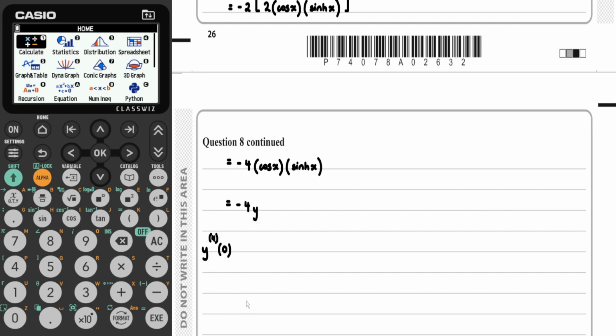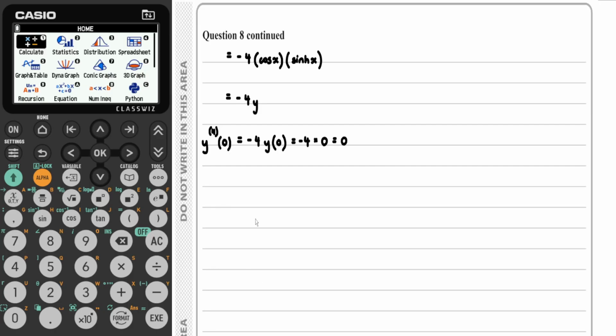So now let's find the fourth derivative when x is 0. So I've got negative 4 times y of 0. So I've got negative 4 times 0, which is 0. For the fifth derivative, that will be negative 4 times the differential of y with respect to x, in other words dy over dx.